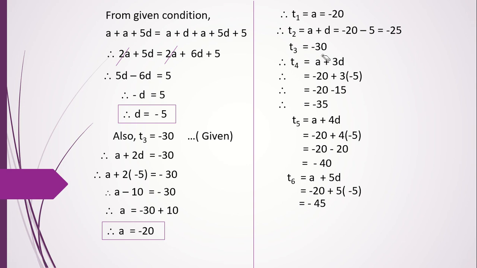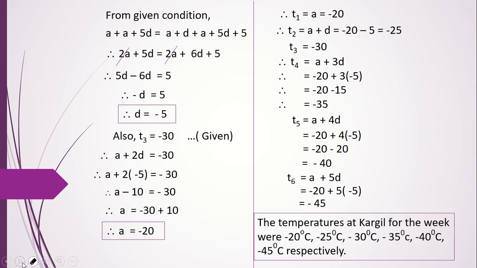So you can see that the temperature is dropping by 5 degrees, becoming minus 45 on the last day. So the temperatures at Kargil for the week were minus 20, minus 25, minus 30, minus 35, minus 40, minus 45 degrees Celsius respectively.